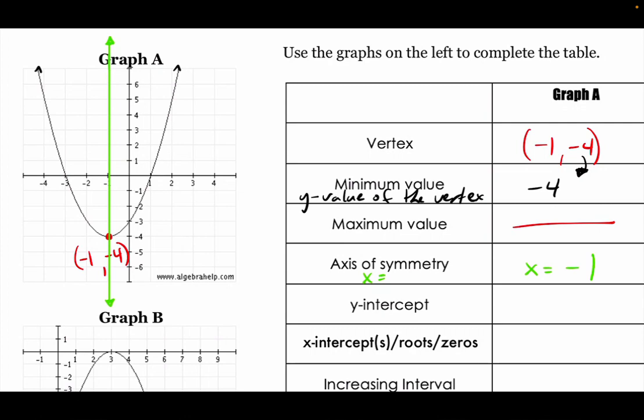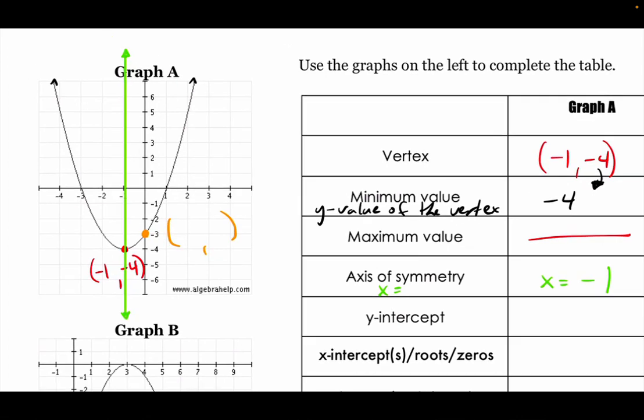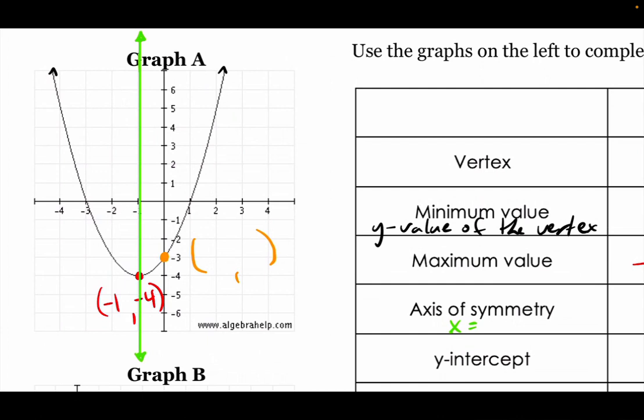The next one is y-intercept. Where does it cross the y-axis? Right there on my orange dot. So again, I got to give directions on how to get to that orange dot. Can't just say -3, because if you tell me -3, I'm like, oh, over here? That's not it, right?